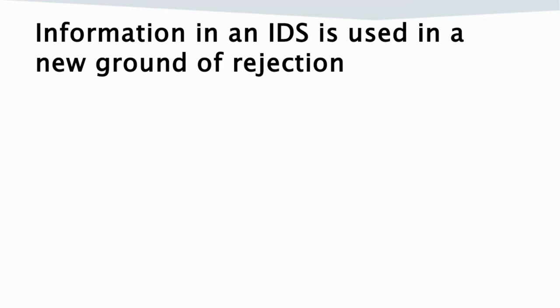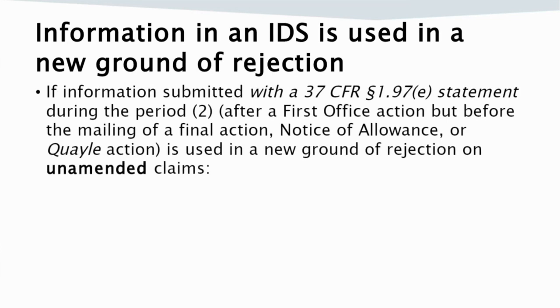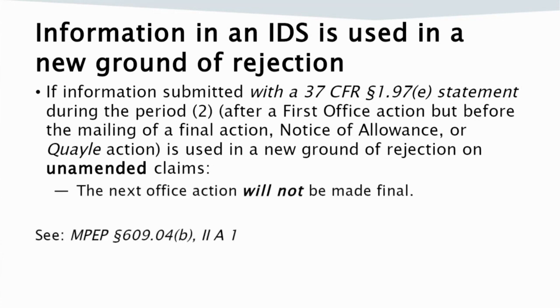However, before we discuss this special situation, let's briefly discuss when it would not be appropriate to make the next office action final. If information submitted with a 37 CFR 1.97(e) statement during the period 2 after a first office action, but before the mailing of a final action, notice of allowance, or Quayle action, is used in a new ground of rejection on unamended claims, the next office action should not be made final.